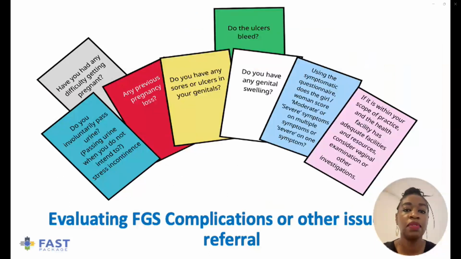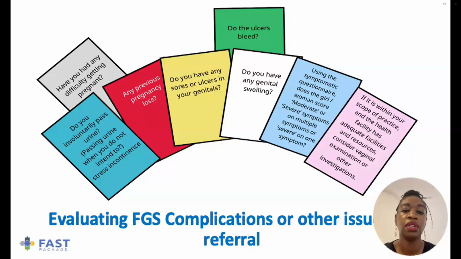Okay, so these are some of the complications, and this is just a checklist of the questionnaires that you could ask in addition to your history of environmental risk and the signs and symptoms, as well as the possibility of having complications due to FGS. So as we know, urogenital schistosomiasis affects the urinary and the genital tract.